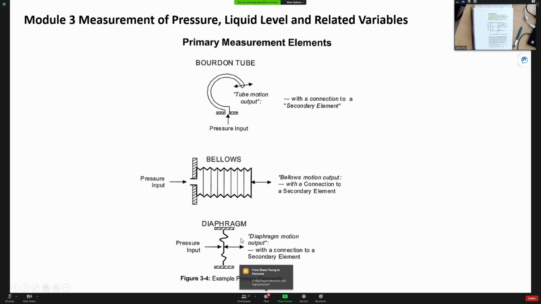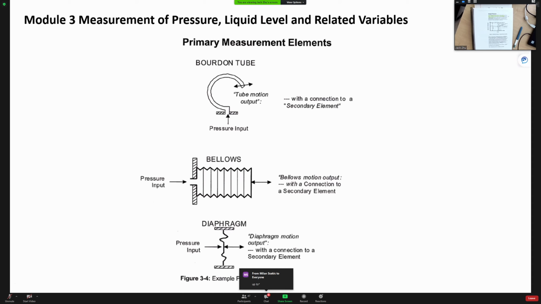They ask you what's the type of the pressure measuring element. This Bourdon tube can measure very high. The bellow usually is pretty low. The diaphragm can measure higher than the bellow, but you can also use the diaphragm for low pressure.